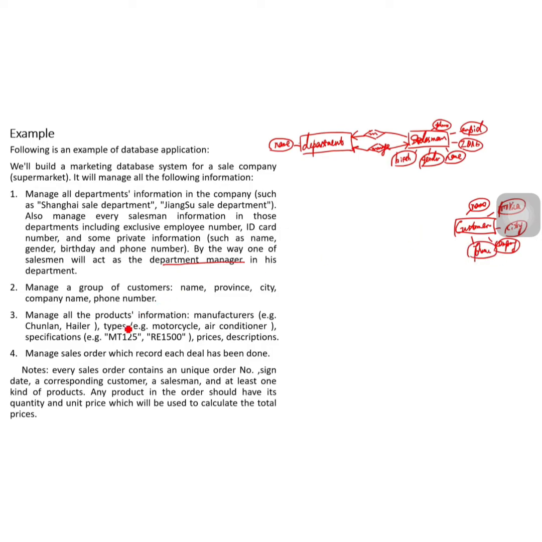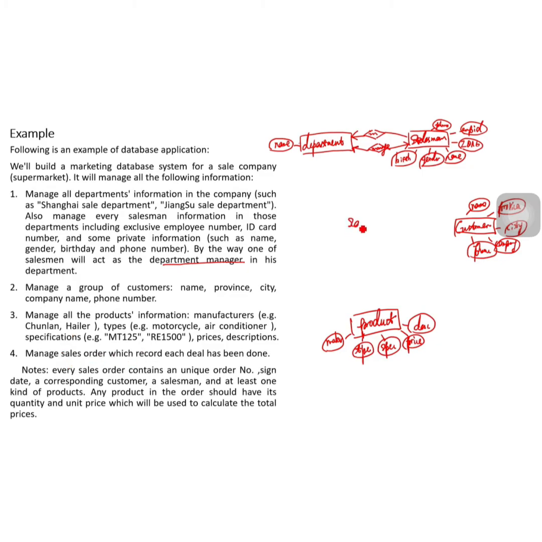And manage all the products information. Products information: maker, type, specification, price, description. Okay. And we manage all sales orders.